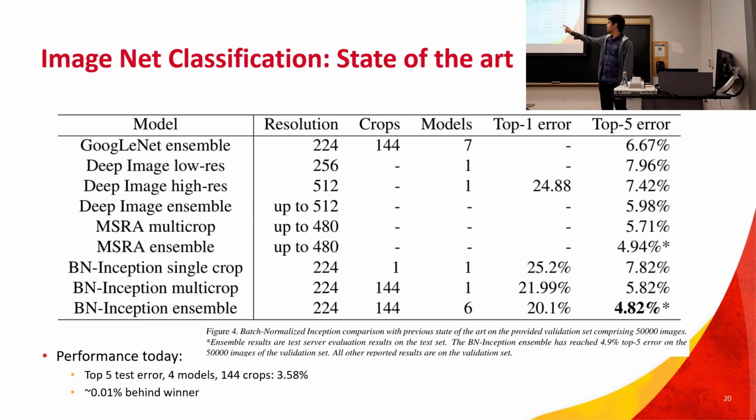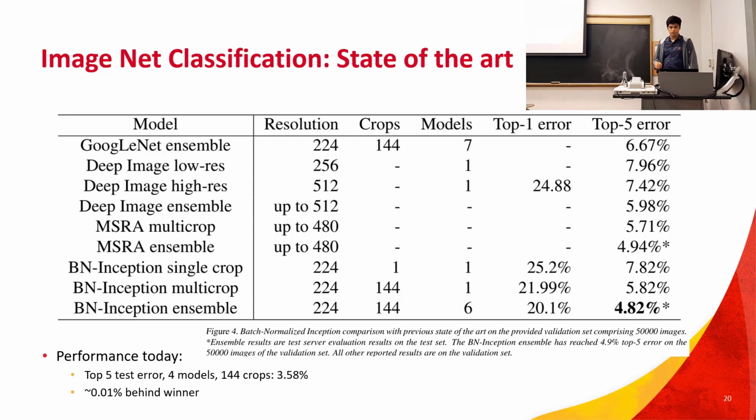And as you can see, the Batch Normalization Inception ensemble uses 6 models with 144 crops, and that's the best results that they got. But I saw in their presentation that they mentioned that they got even better results, and that was 3.58% top 5 error with 4 models and 144 crops. And that's basically 0.01% behind the winner, about that amount. That was interesting to see.